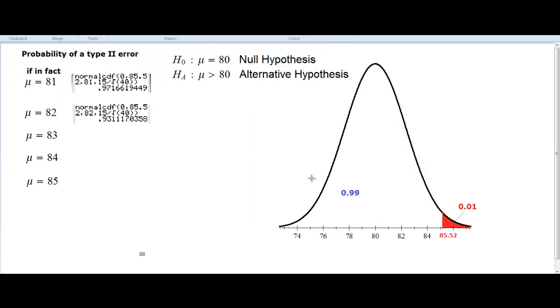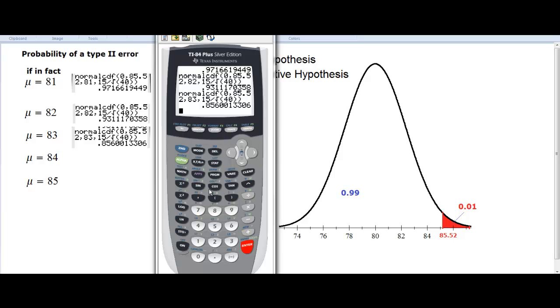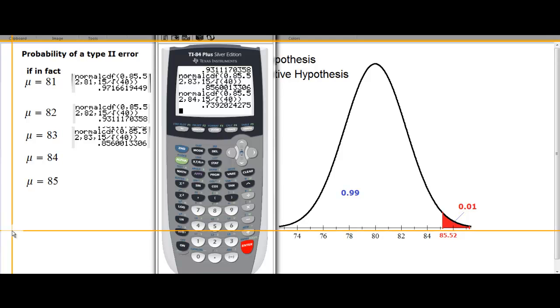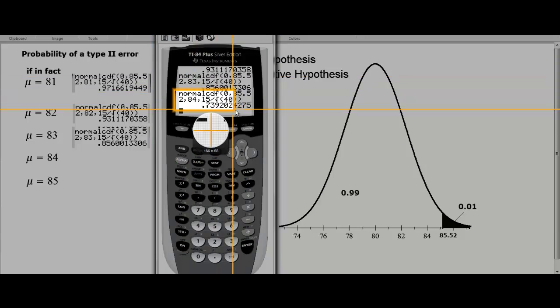And we will proceed like this. For 84, we just change this to 4, and there we are. It has declined further.